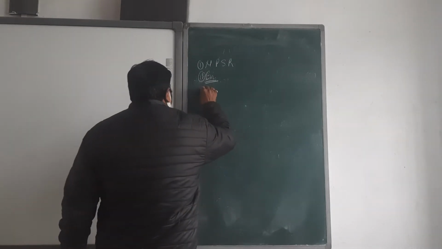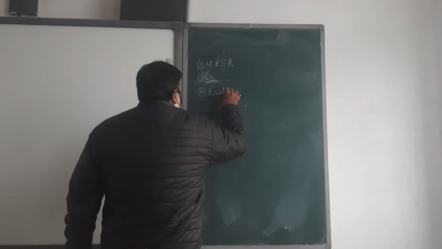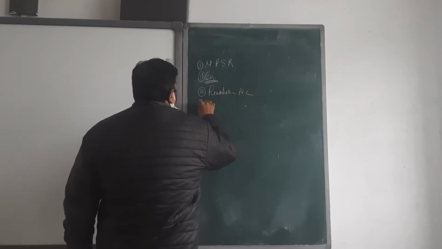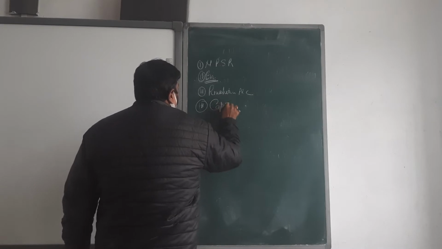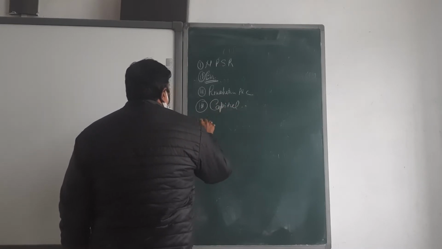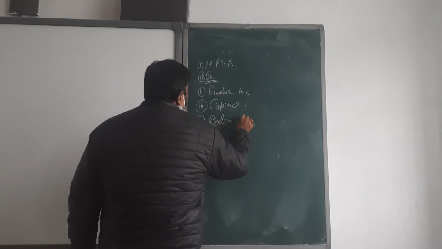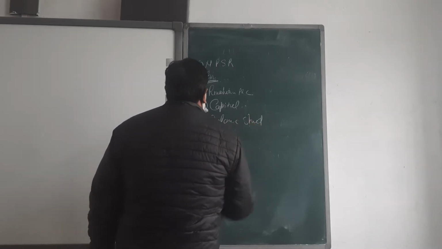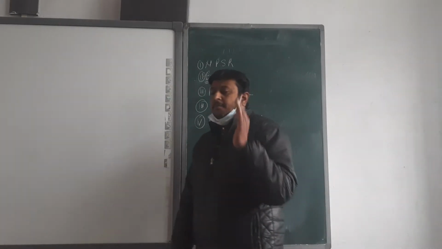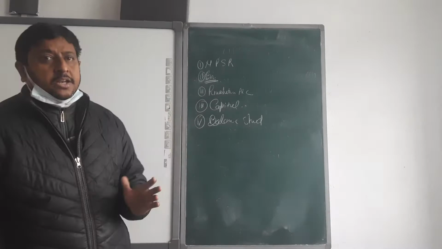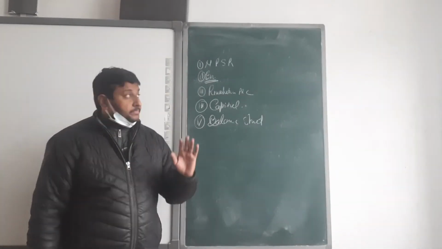Then we make the revaluation account, then the capital account, and last the balance sheet. Okay beta, these 5 things we keep in mind when any partner enters a partnership firm and takes admission.